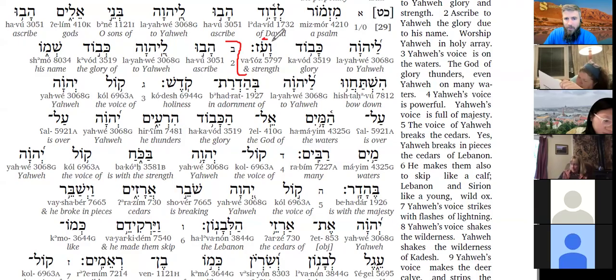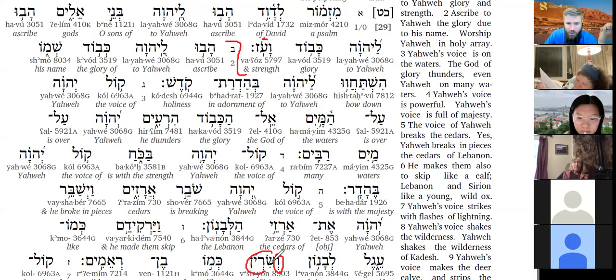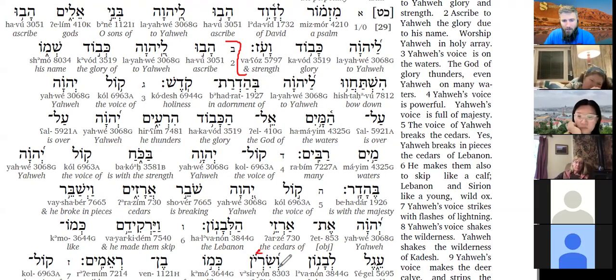Va oz. If the stress were any farther down the line, it would turn into ve. Let me see if I can find an example. Here we go: ve shirion. If the stress were here, it would become va shirion. It has to do with how far away the stress is, but as soon as you move it over here, then it drops to shva. V'shirion. And would that be because they are long vowels then?